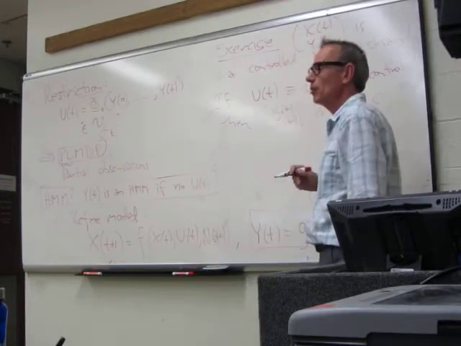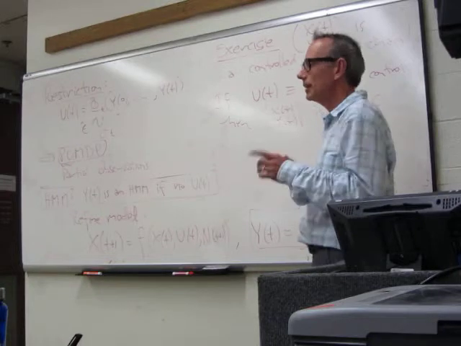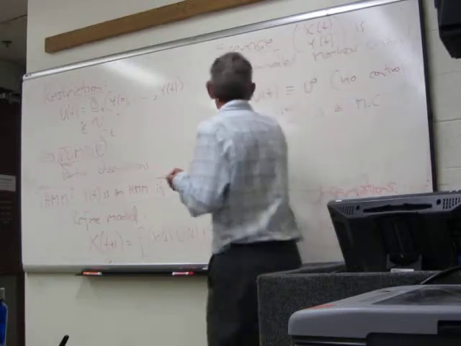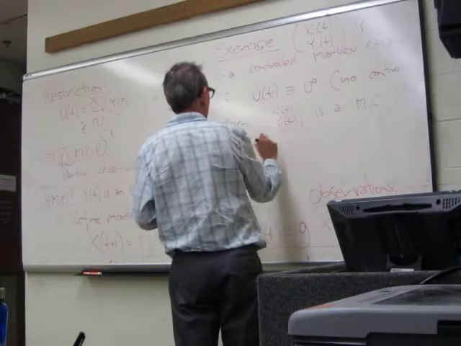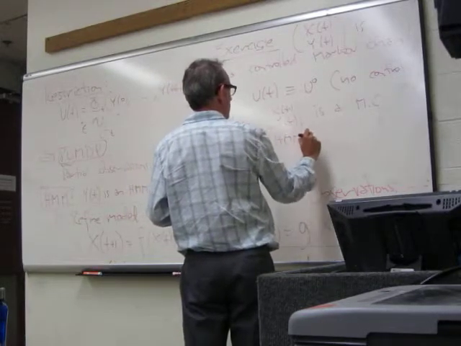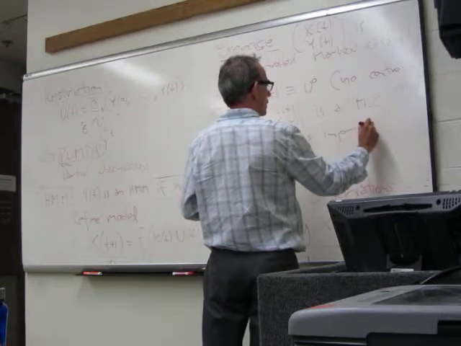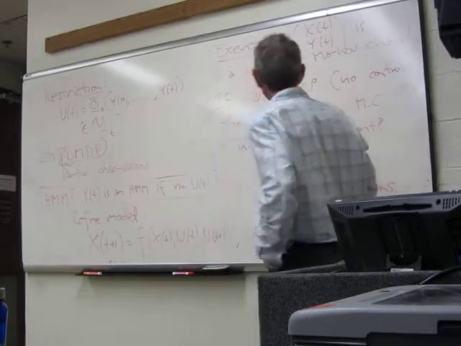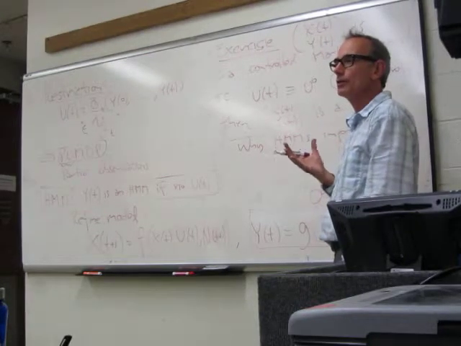So your question's legitimate. What's the difference? The pair process is a Markov chain. Now the idea is this: why are HMMs important? Well, I might have a y of t process that takes on like two values.